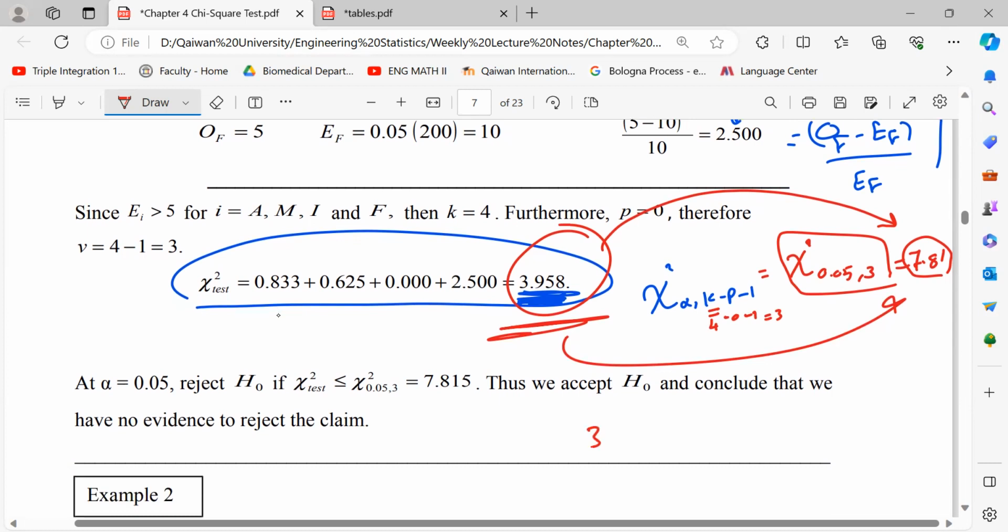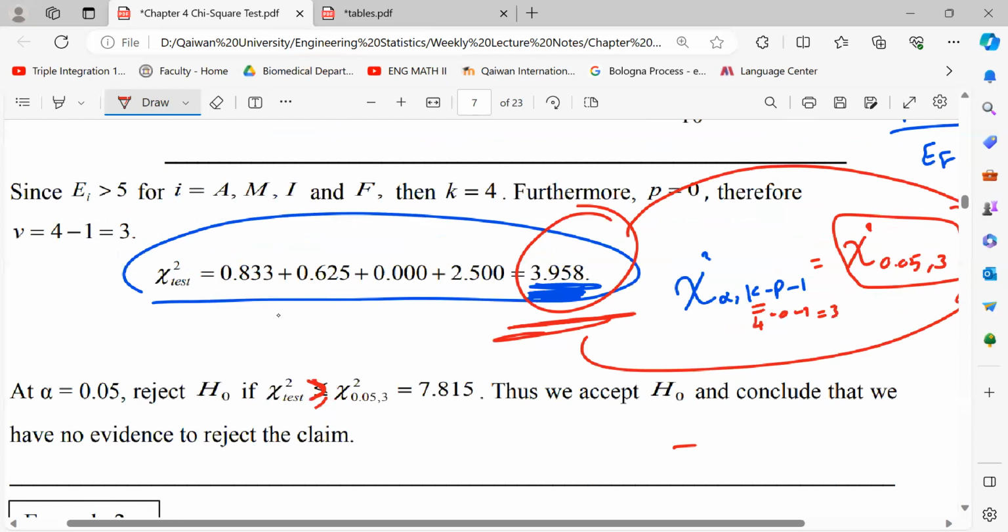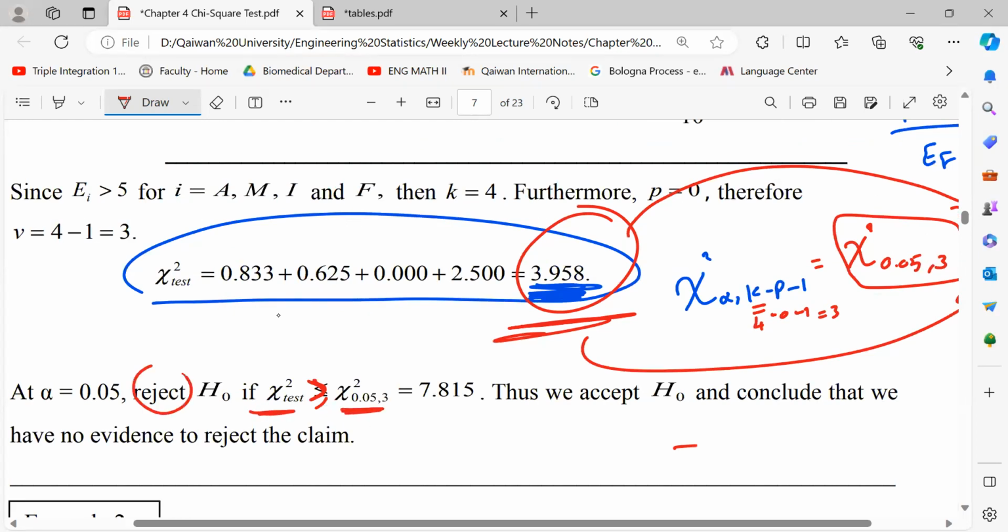If 3.958, if this one was the chi-square test, is greater than 7.81, then we say we reject H0. Sorry, this is greater. It must not be less. If the chi-square test is greater than this one, we reject H0.